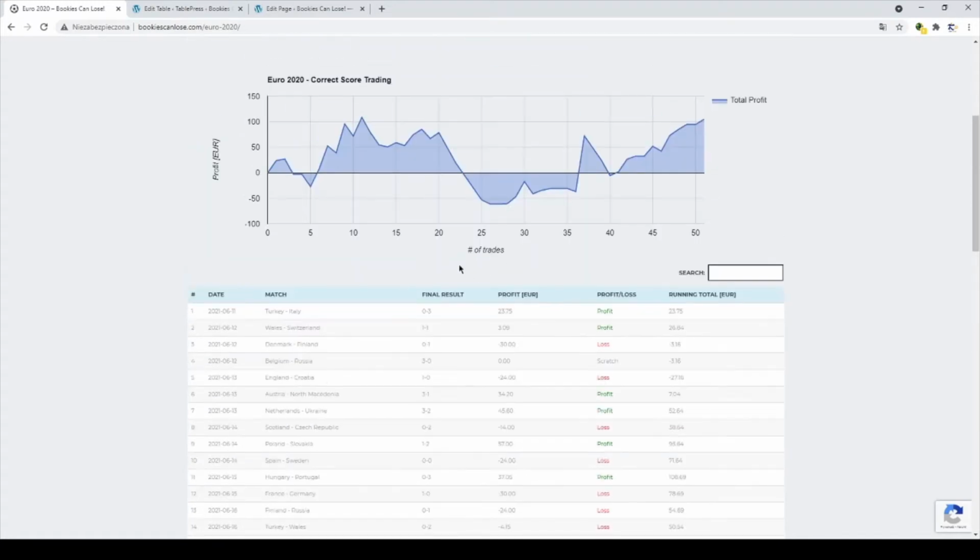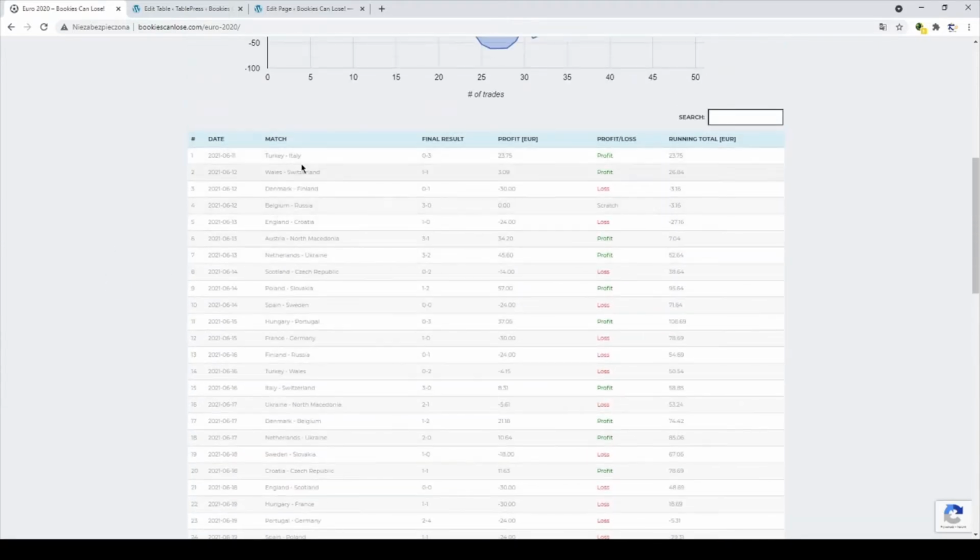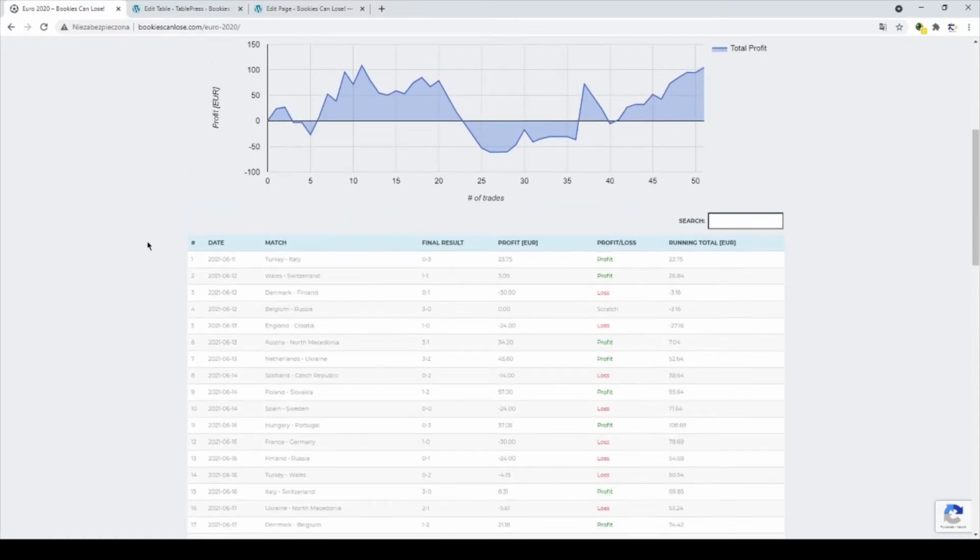But in the end, the result is plus 104, which I think, given the circumstances and the conditions, is a fair result. It's not a huge amount of money, but compared to the stakes, it is quite reasonable.